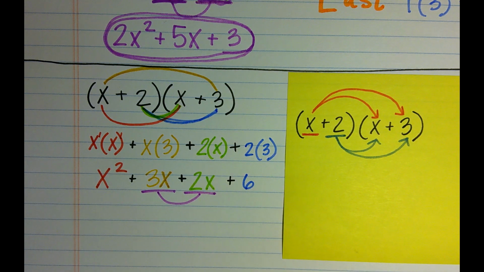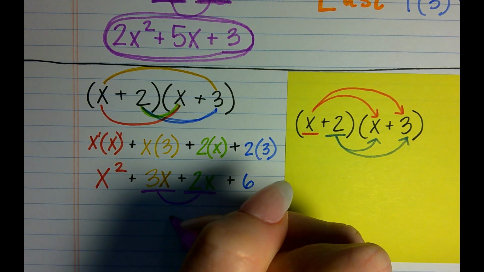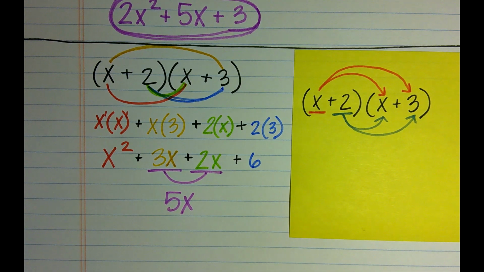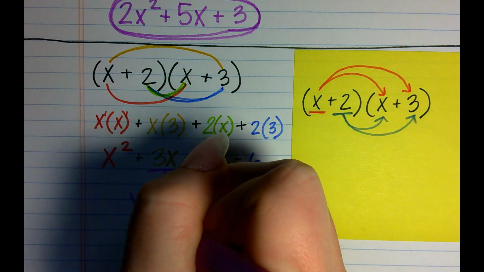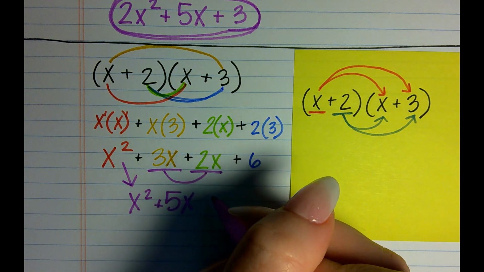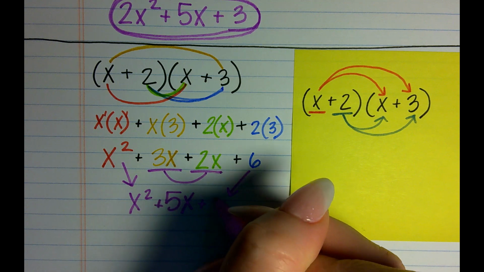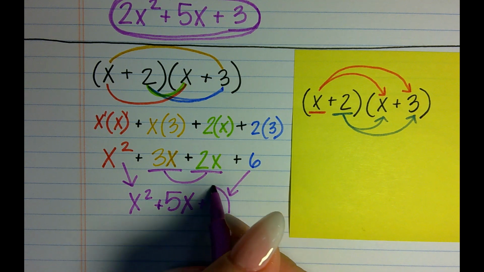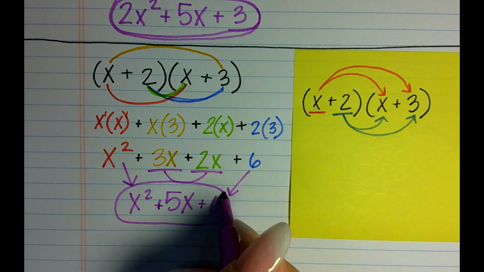So when I add them together, what do I get? 5x. And then we just bring everything down. We have x squared plus 5x plus 6. That is our answer.